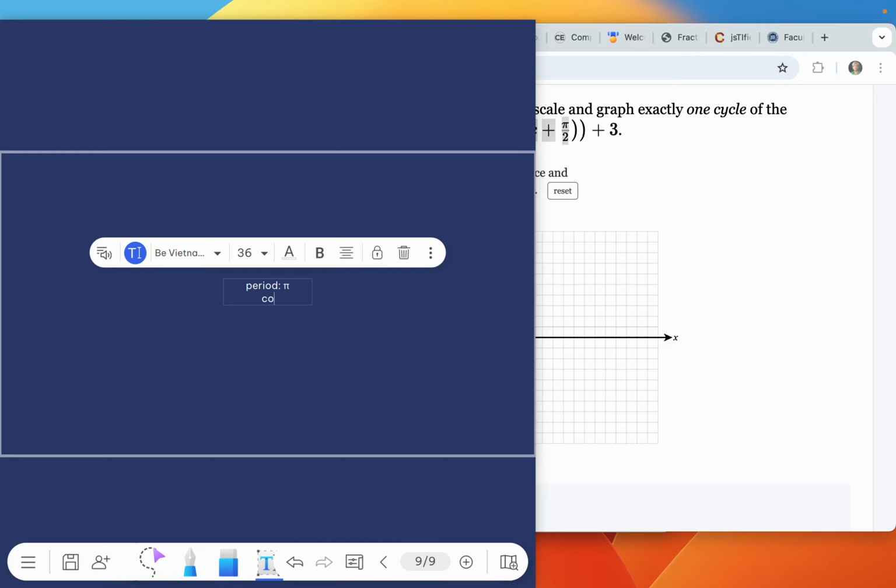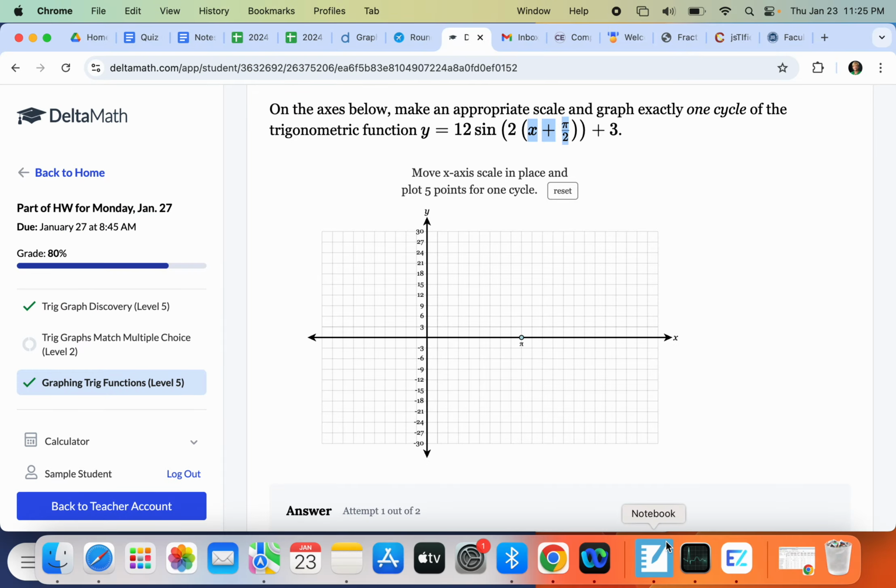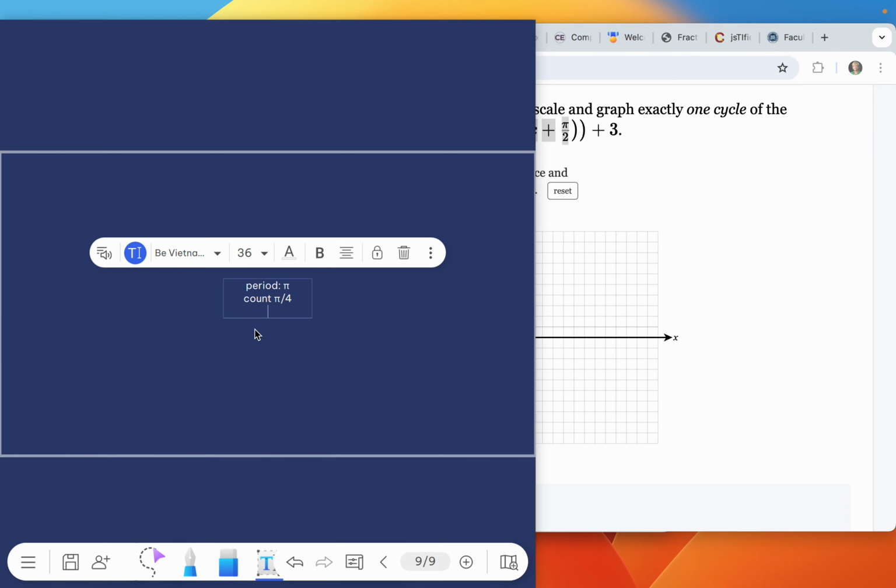So I'm going to count by pi over 4s, but I'm going to start from negative pi over 2. My phase shift is negative pi over 2.